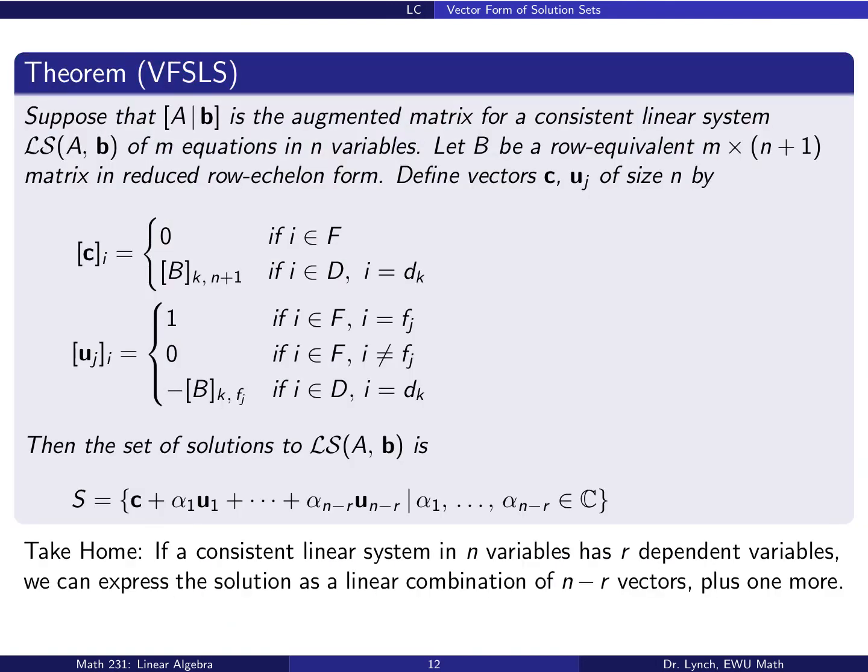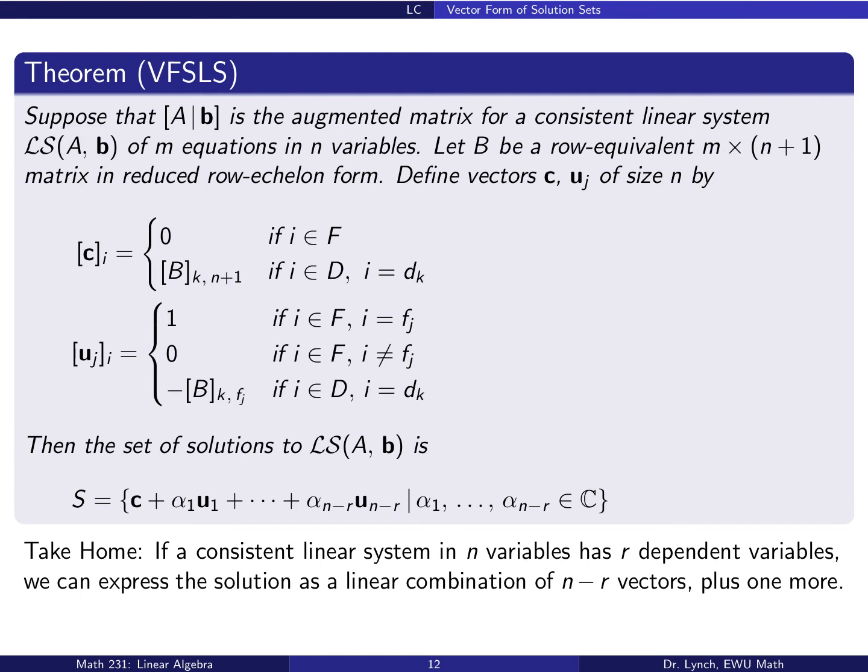The theorem says that if [A|B] is the augmented matrix for a consistent linear system, and B is the reduced row echelon form, and we take the vectors c and u_j to be corresponding to that reduced row echelon form, then the set of solutions can be represented by a linear combination of n minus r vectors that correspond to the free variables, possibly plus one more.